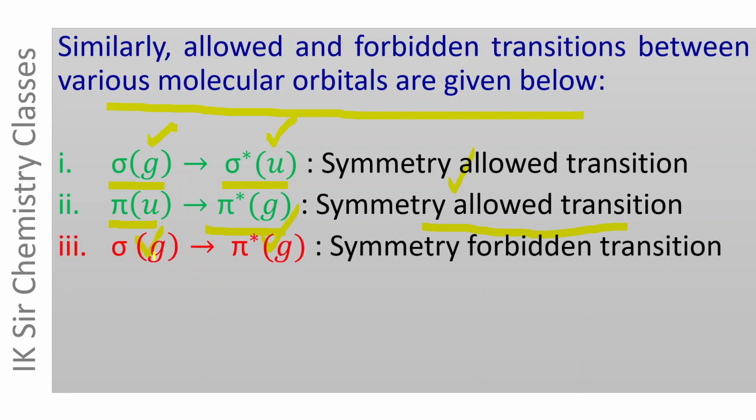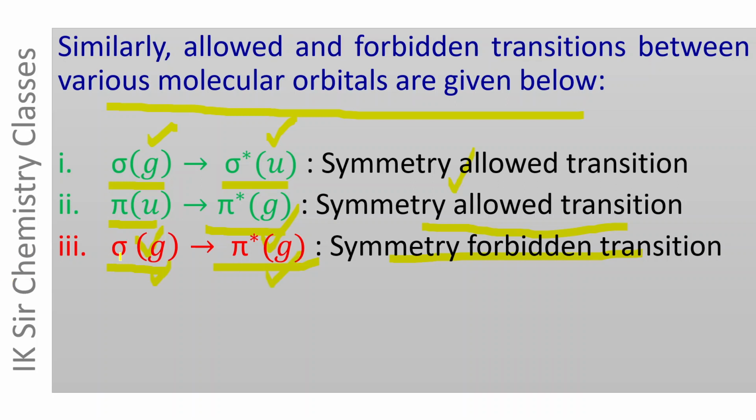On the other hand, the transition from sigma bonding MO to pi star MO, as discussed in the previous slide, is symmetry forbidden because it involves gerade and gerade orbitals.